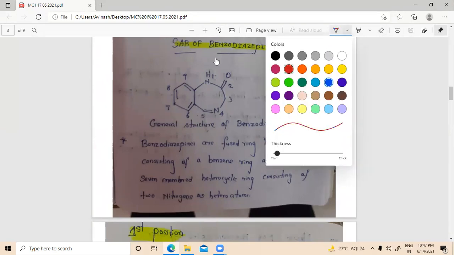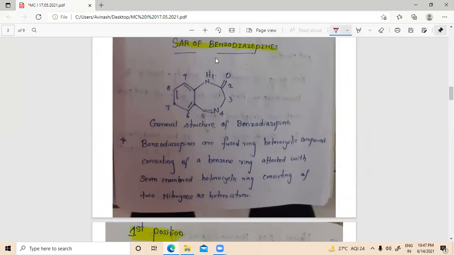So this is the general structure of the benzodiazepine. I have shown you the structure along with the numbering pattern. Benzodiazepines are fused ring heterocyclic compounds consisting of a benzene ring attached to a 7-membered heterocyclic ring containing 2 nitrogens as heteroatoms.